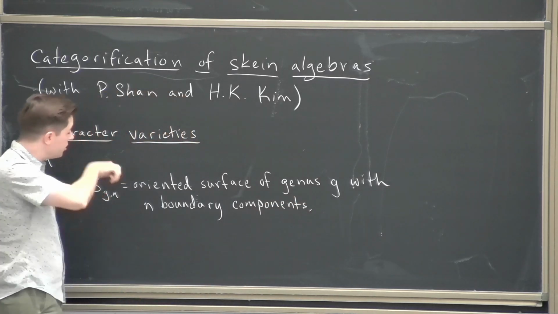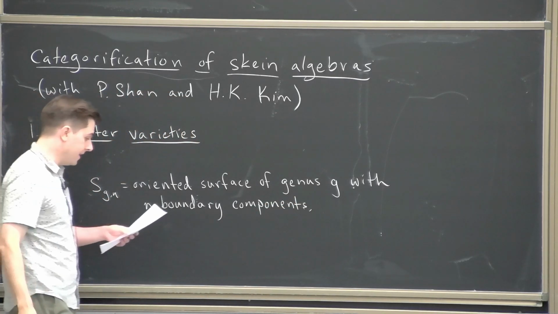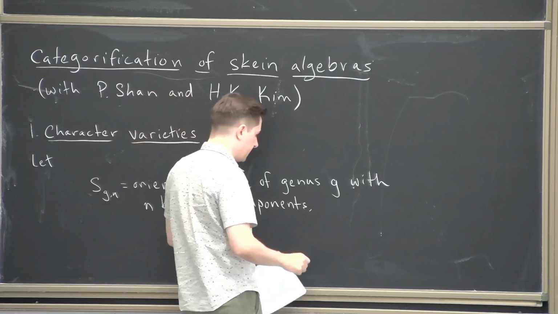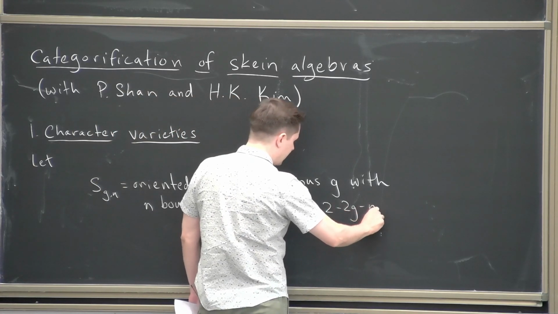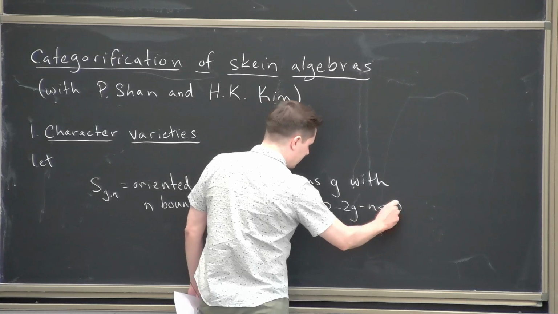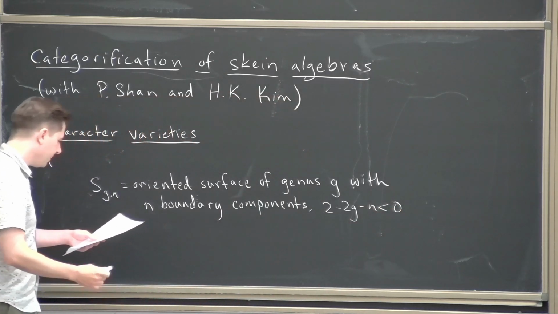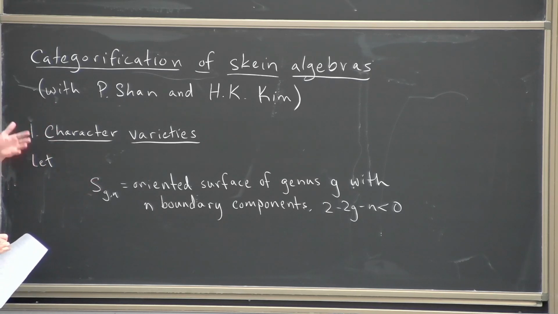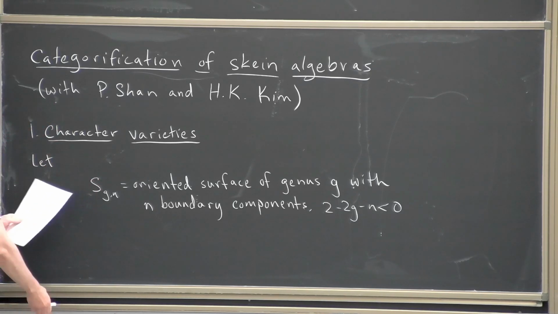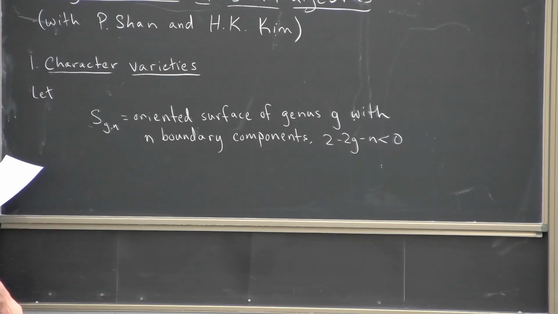And I'll assume always that the Euler characteristic of this surface is negative. So that means 2 minus 2g minus n is less than 0. So given such a surface, we can talk about its character variety, which is some kind of moduli space. And here's the definition.